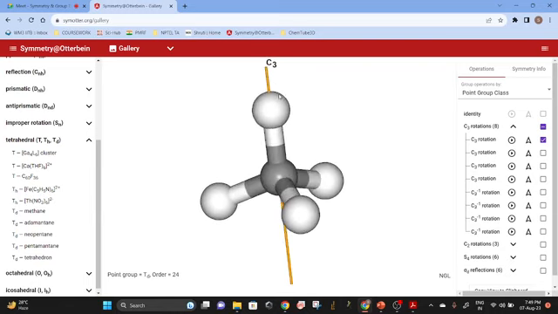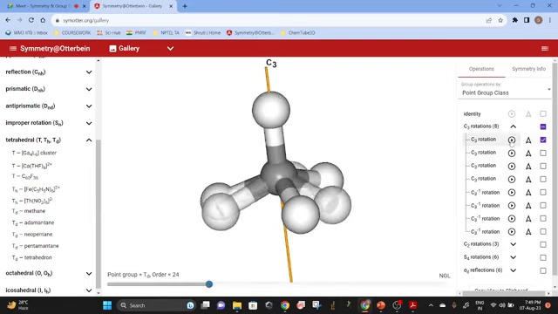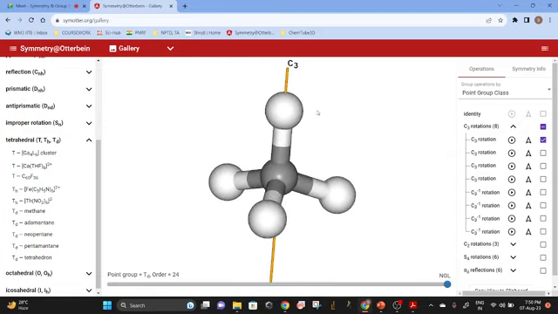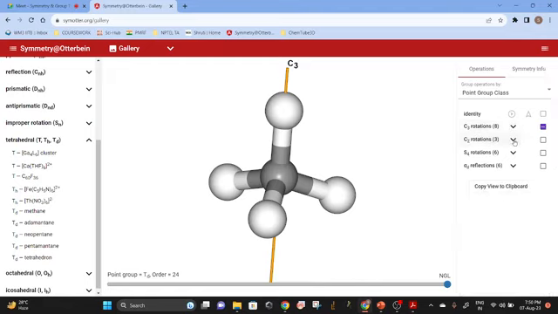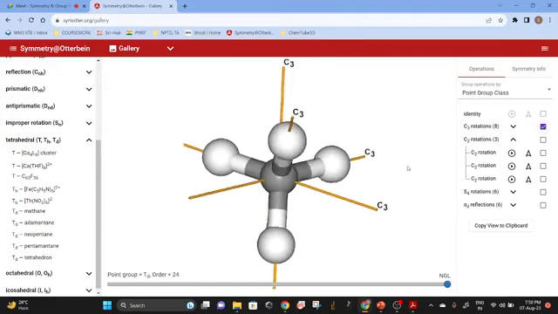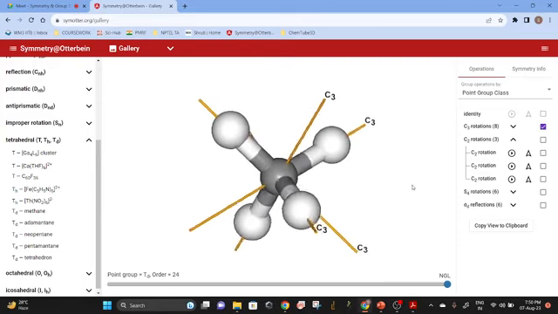How many bonds are there? 4. So we will have 4 C3 symmetry elements. This shows the 4 C3 passing through all the bonds.